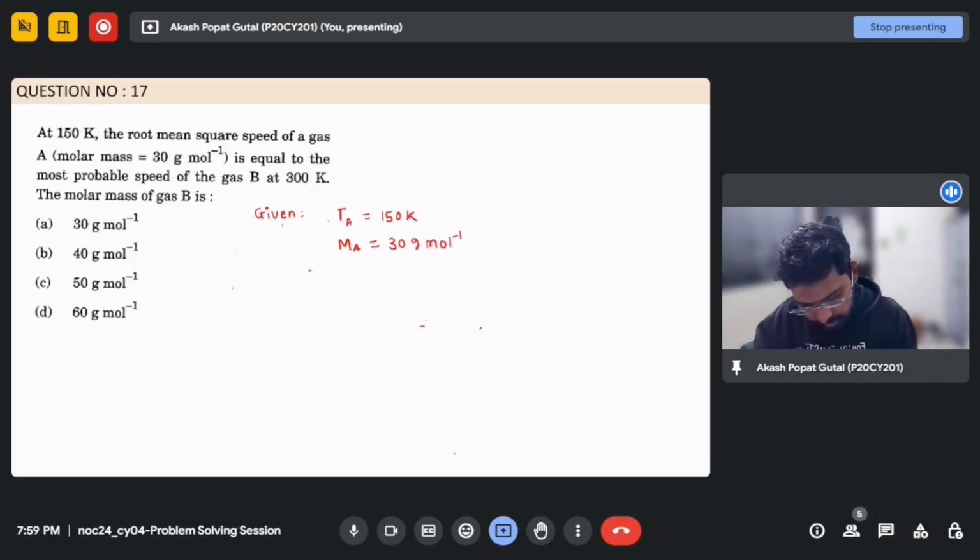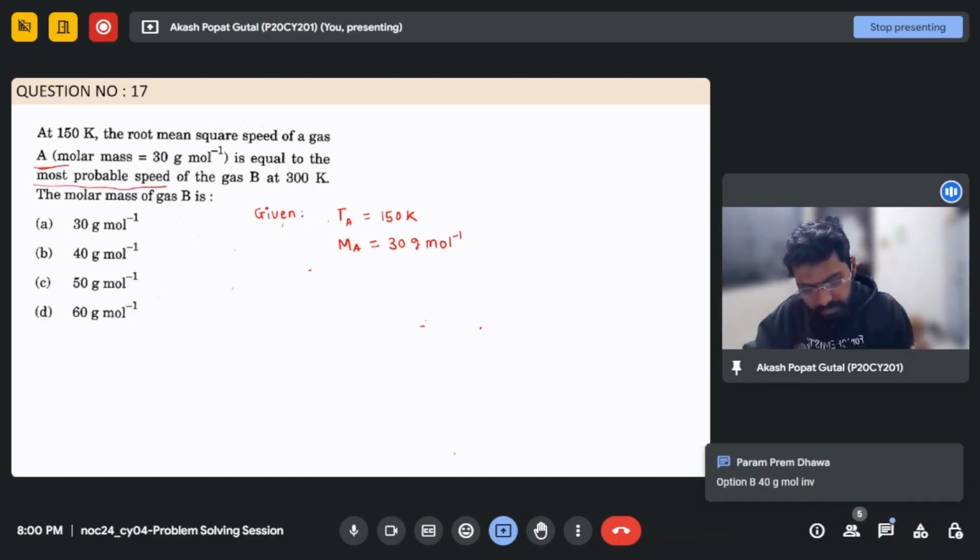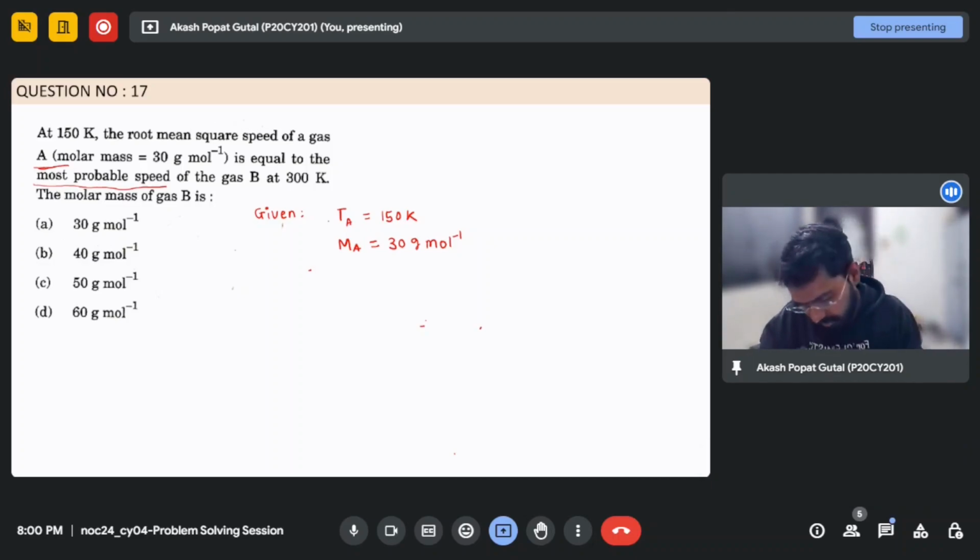So what the question says is the root RMS speed of gas A is equal to the most probable speed of gas B. Is the answer 40 gram per mole right? Correct. We will solve.